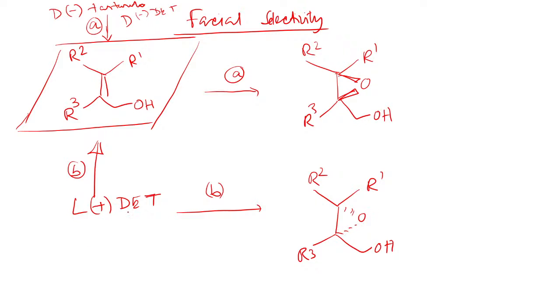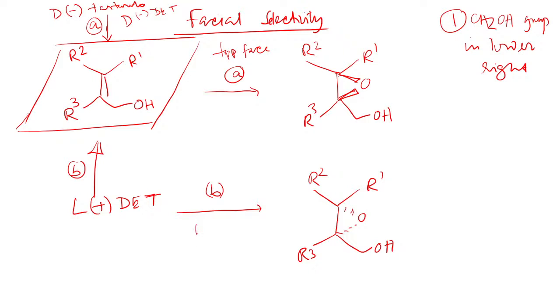Okay, so then when you draw CH2OH in the lower right, this is case 1, CH2OH group in lower right. So this is the plane, and you see this CH2OH group is on the lower side and right side. And in this case, the minus DET will attack from the top face, and this will be the down face.